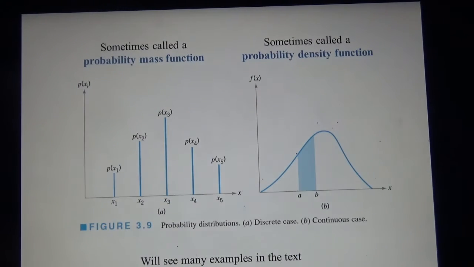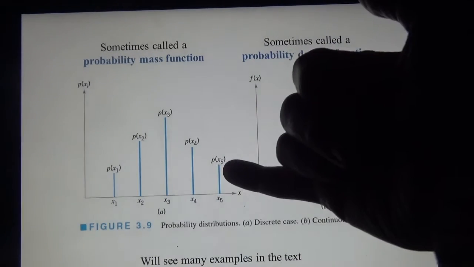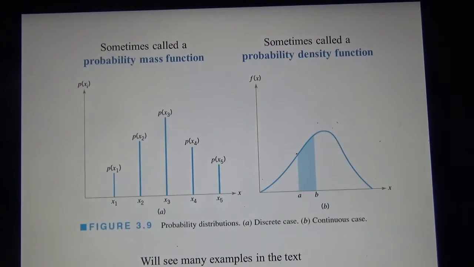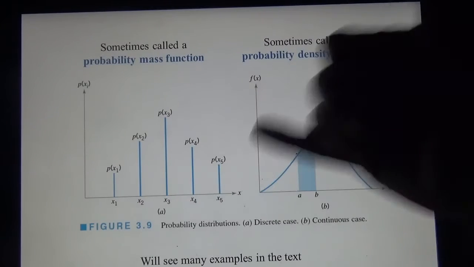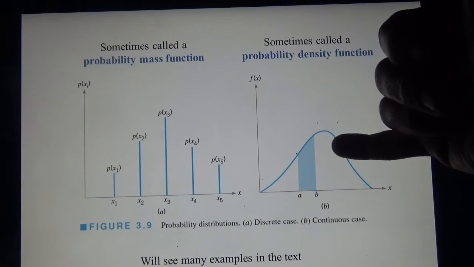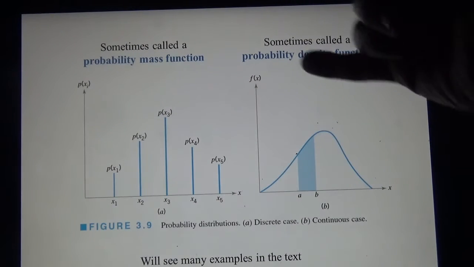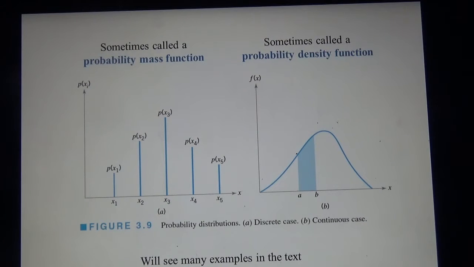When we look at the diagrams of the different continuous and discrete distributions, the first one is for the discrete distribution, and we call it a probability mass function. It shows how much weight each value has. For the continuous distribution, it is the probability density function.